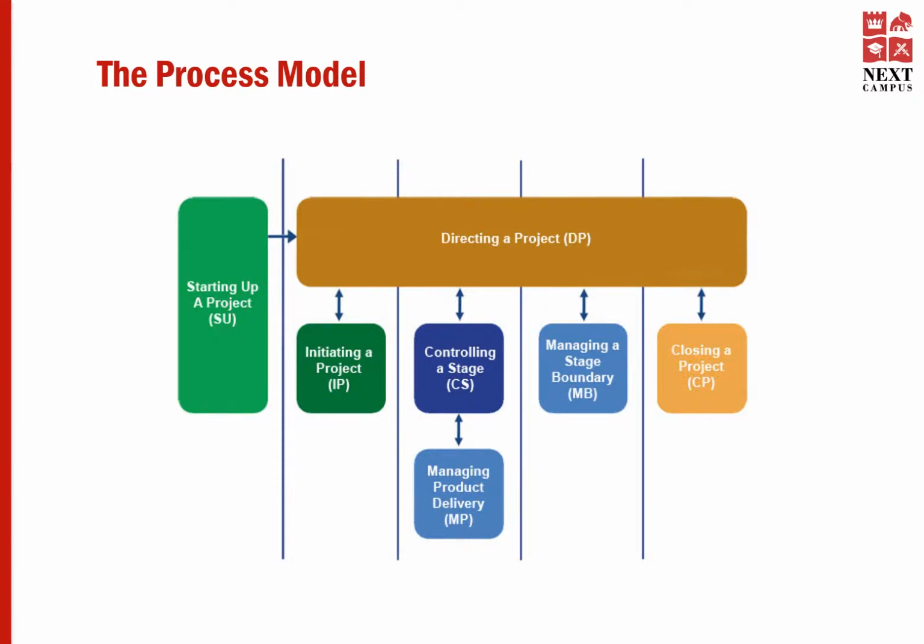While you're controlling, the primary activity in this stage is to manage the product delivery, that is working towards the requirements and delivering them. So while you work on those deliverables, then you start controlling. After this stage, you reach the stage called managing a stage boundary, or MB stage.